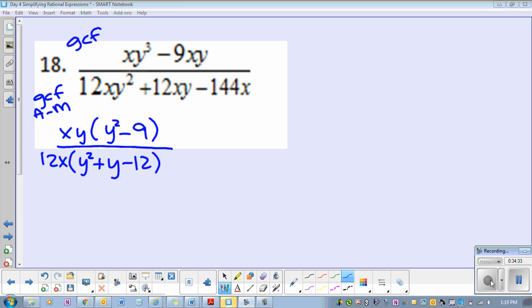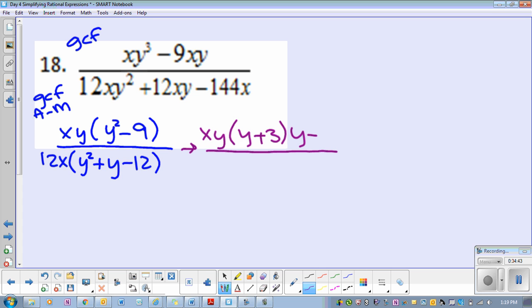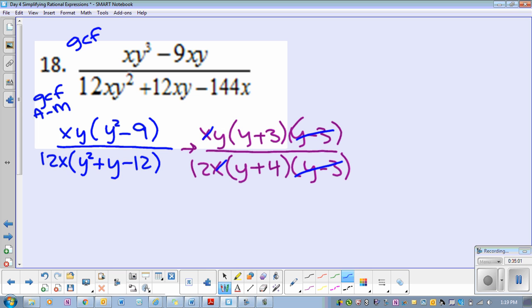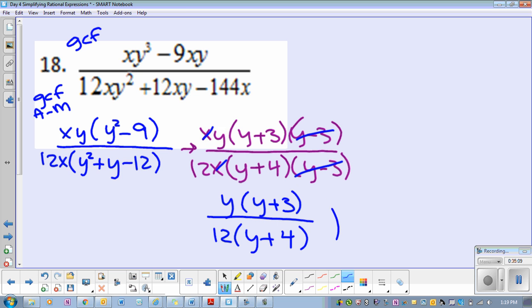It looks really messy, but you just have to GCF out all the messy stuff. y minus 3, the x's, and then you have y times y plus 3 over 12 times y plus 4.